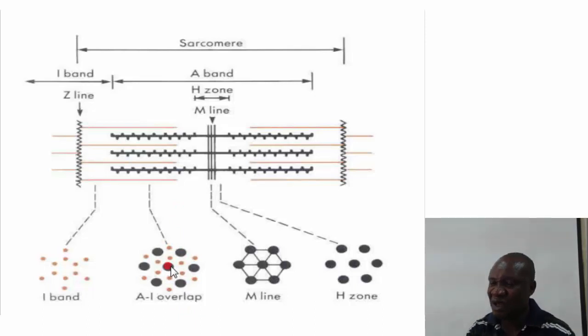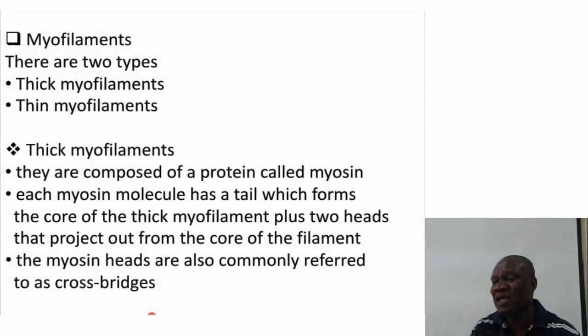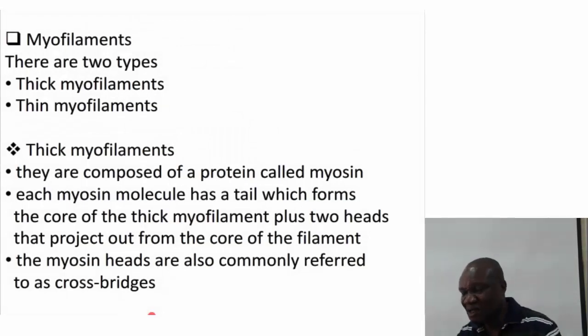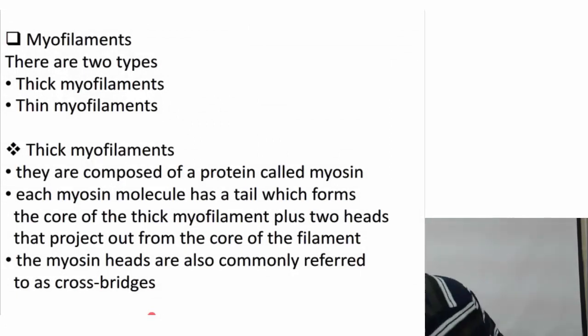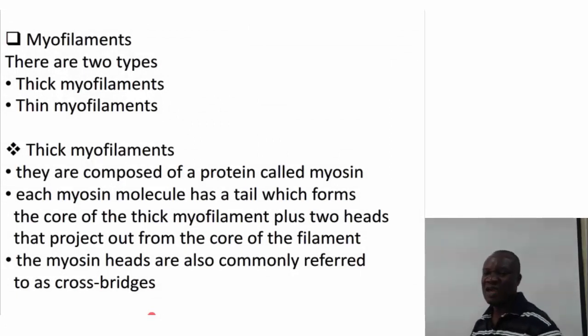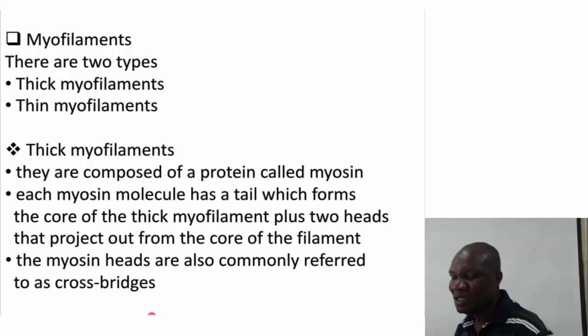And each thin filament is surrounded by 3 thick filaments. So basically, this is the way the myofilaments are arranged in the myofibrils, which gives us the striations in muscle.